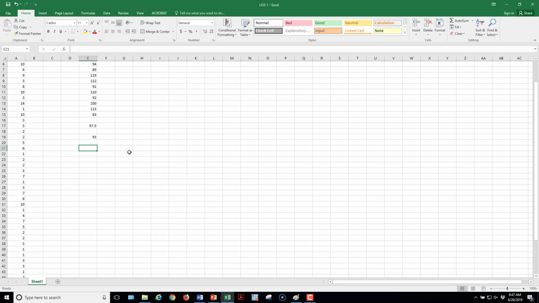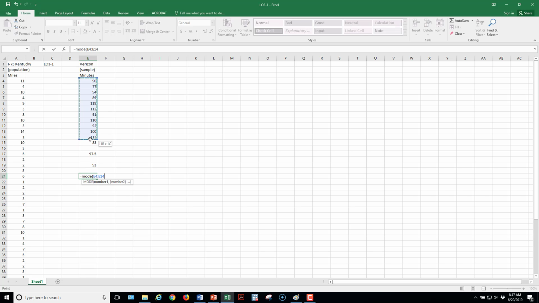And in this data set, in the case of the sample, you can type mode, close parentheses, and notice that it says NA because we don't have a mode. There is no value that is repeated more than 1 time.